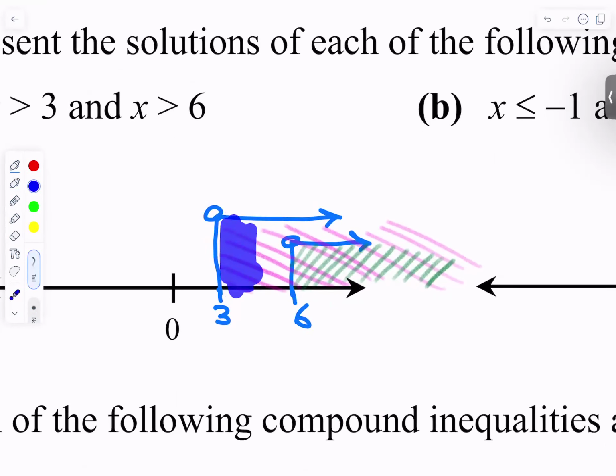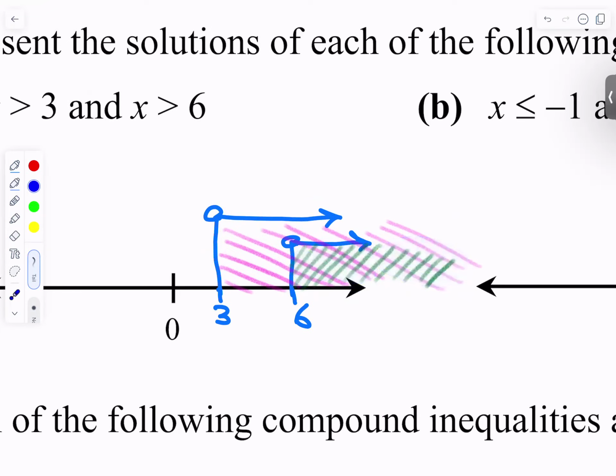If I take this as my answer, do I have both of the answers? No, I only have the pink ones. If I take from this part here, do I have all the answers? I have the greens, I also have the pinks. So yes, I have all the answers here.